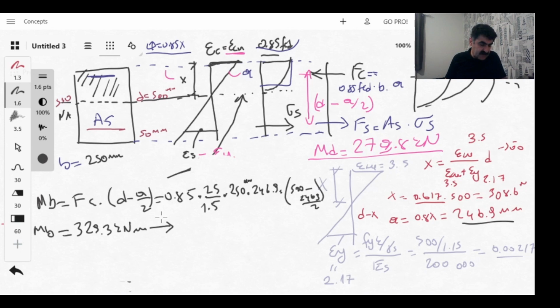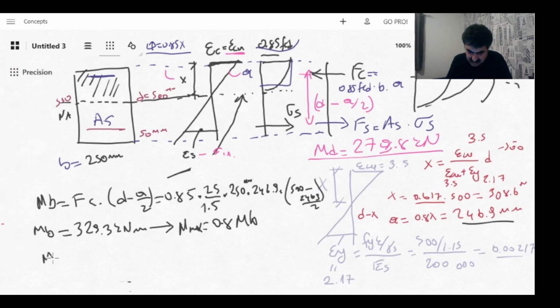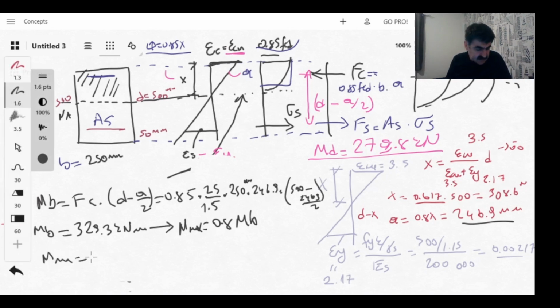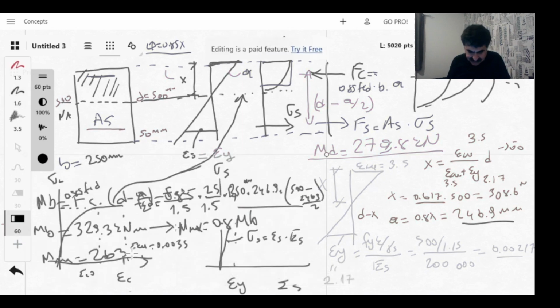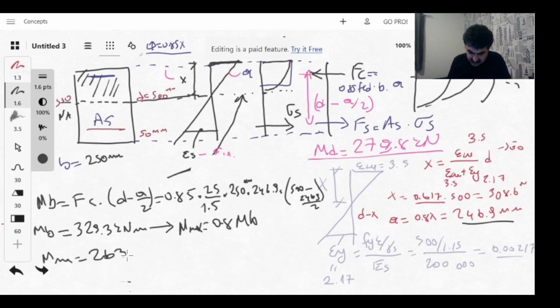So the code says the maximum moment M max will be 0.8 MB. In this case M max will be 0.8 multiplied by 329.3, and then we will get 263.4 kilonewton meter.